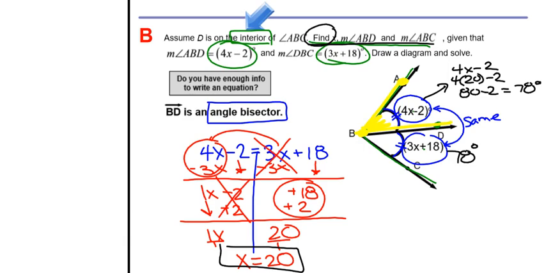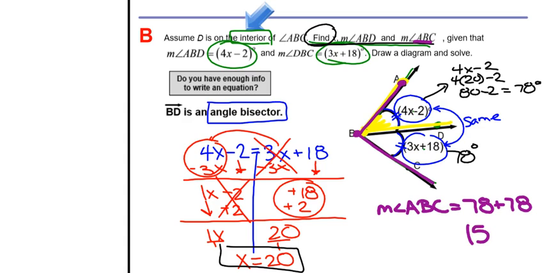The final part of the question says that they want us to find the measure of angle ABC. Well, again, the measure of angle ABC has to be 78 plus 78. That turns out to be 156 degrees.